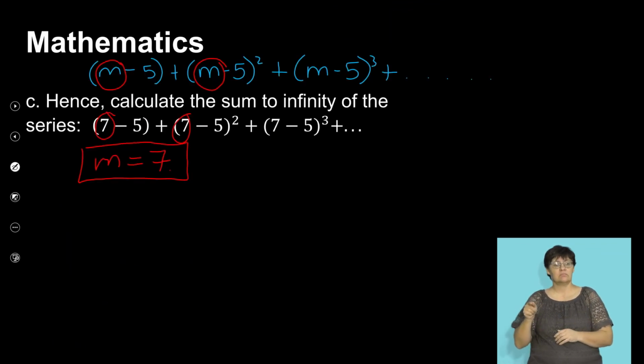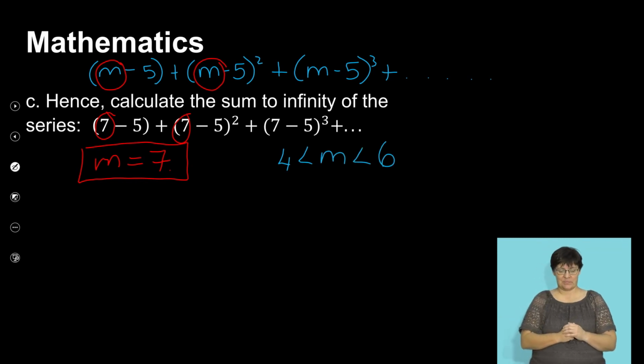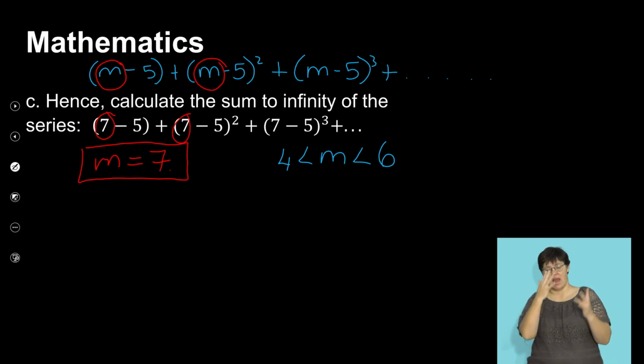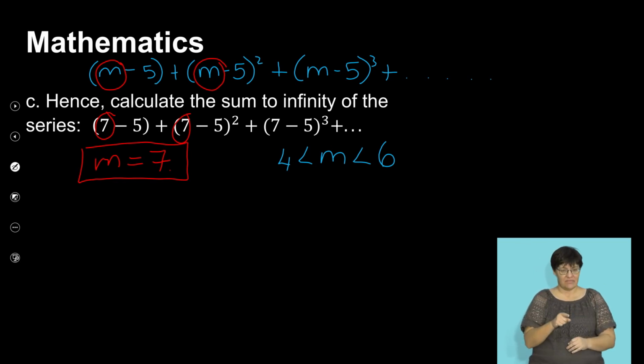So if I go back to C, I know that for this series to be convergent, m has to be between 4 and 6. And why is it important for m to be between 4 and 6? It's important because it will actually mean that this series itself converges, and I'm allowed to calculate the sum to infinity if the series converges.